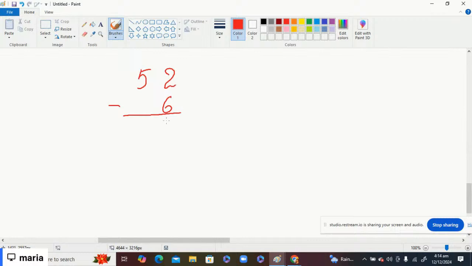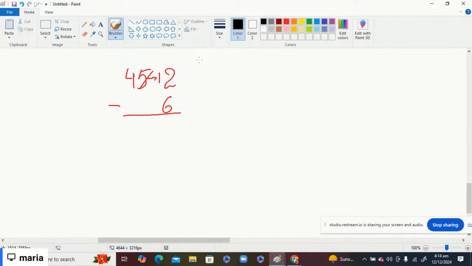So 2 out of 6 is not possible. So what we do? We borrow from the 5. So this 5 is lending 1 to the 2. So this 2 becomes 12 and this 5 becomes 4. So now 12 minus 6.